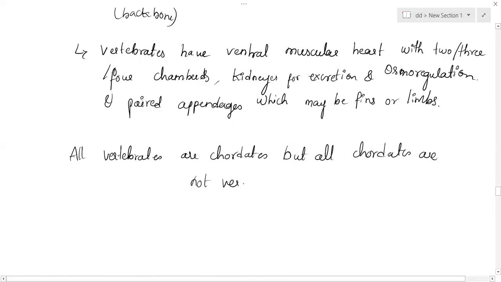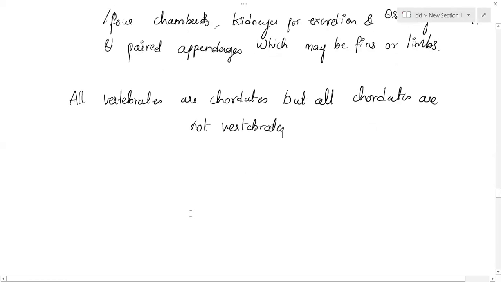You have to keep that in your mind. This is like a slogan, okay? All the vertebrates are chordates, but all chordates are not vertebrates. Why? Because there are some differences between them. So you should not get confused with that.